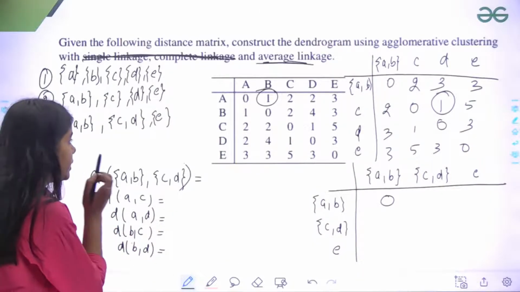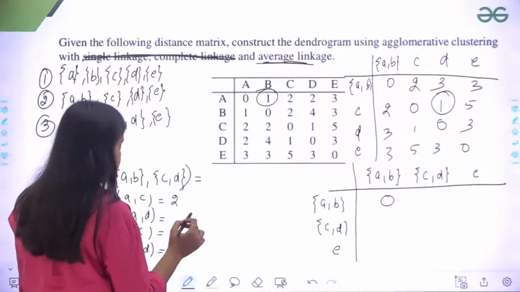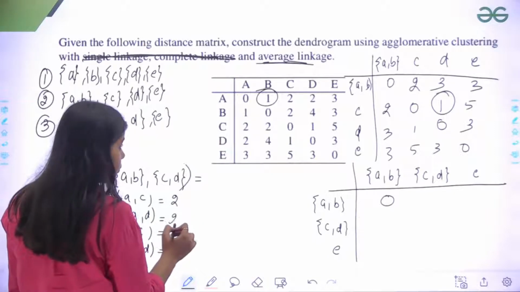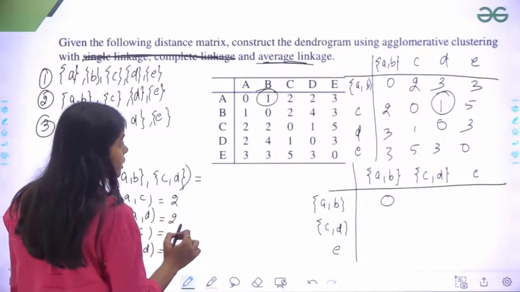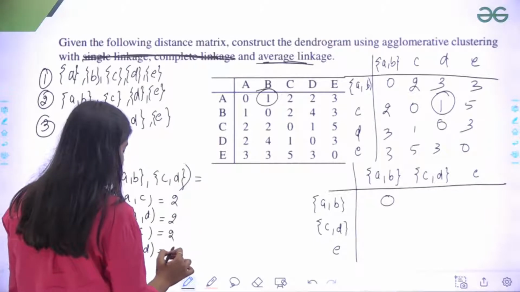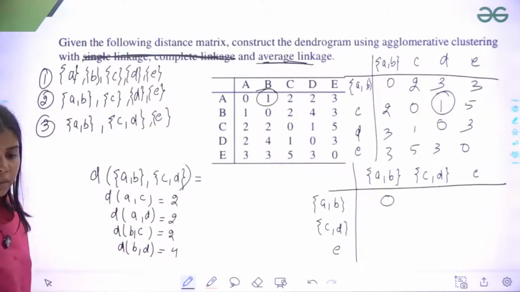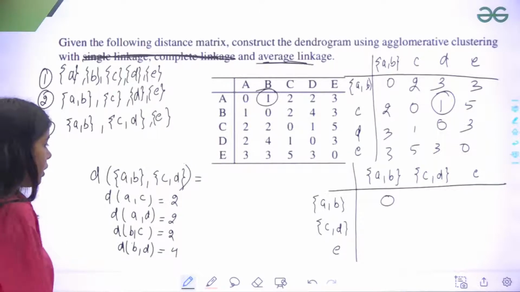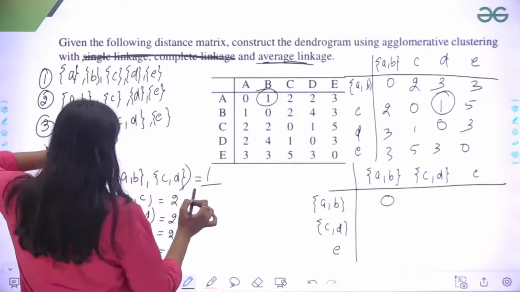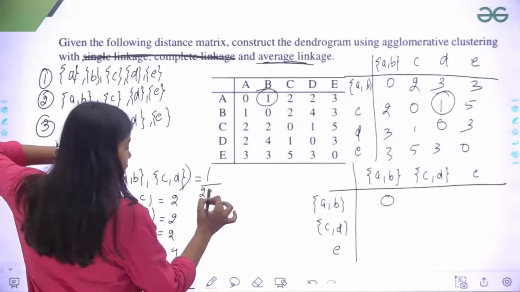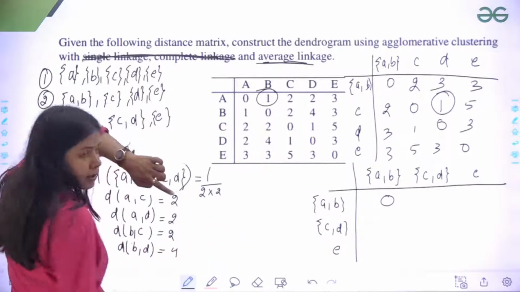Distance of A comma C is 2. Distance of A comma D is also 2. Distance of B comma C is 2 and distance of B comma D is 4, right? You got these. Now, if I write down the formula, number of elements in the first cluster, that is 2, into number of elements in the second cluster, that is 2.